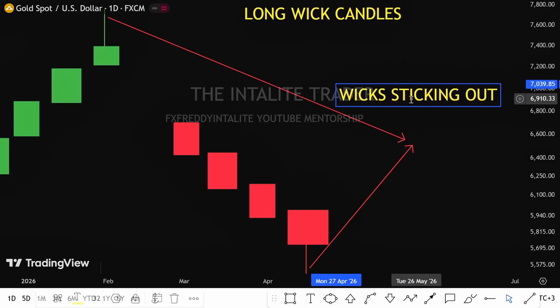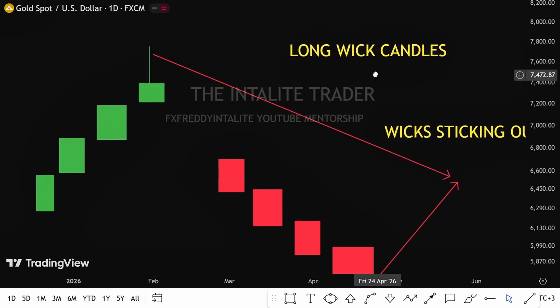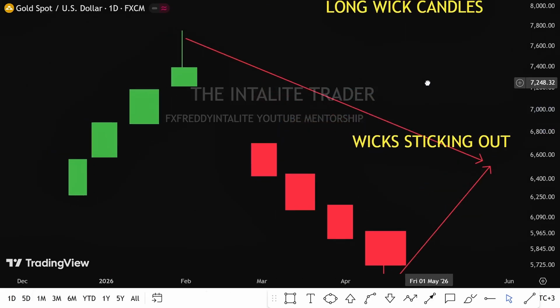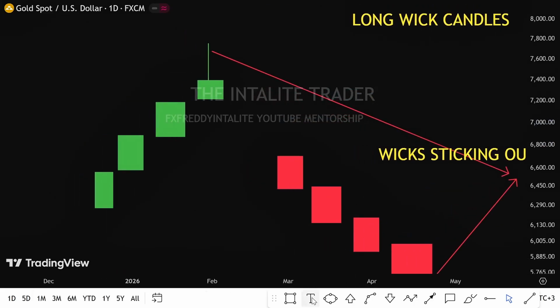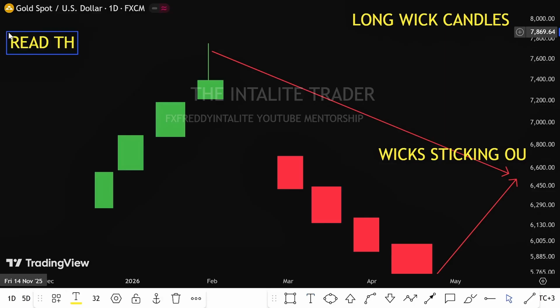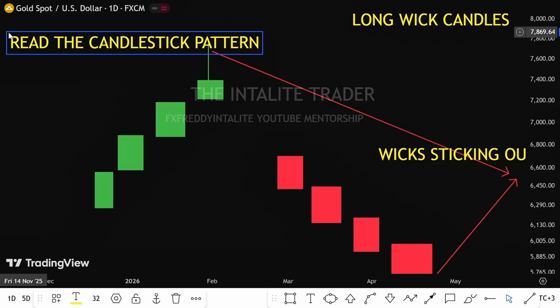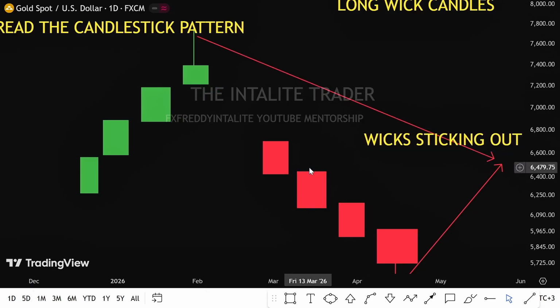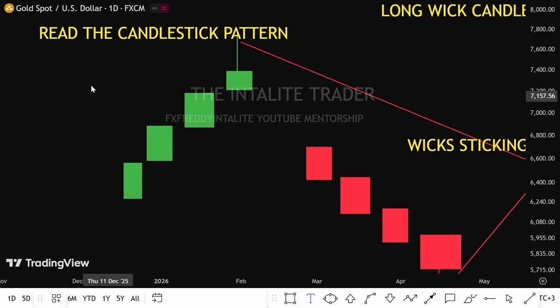What does this market tell you? In this advanced way of trading these candles, this is what you do. Read the candlestick pattern and then come up with a price action trading psychology.